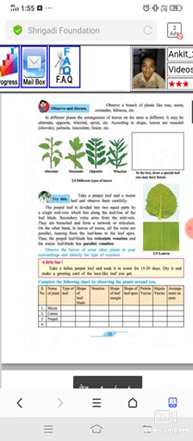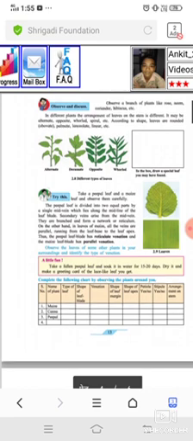Secondary veins arise from the midvein. They branch and form a network or reticulum.